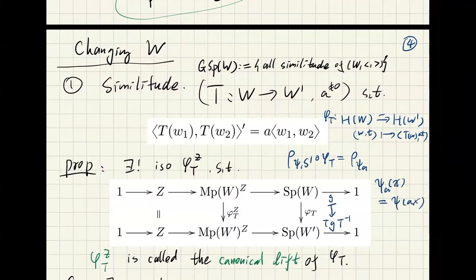It doesn't matter; this phi t will give you an isomorphism from MPW of psi A of S with MPW. It's getting boring, I think. Sorry for this.